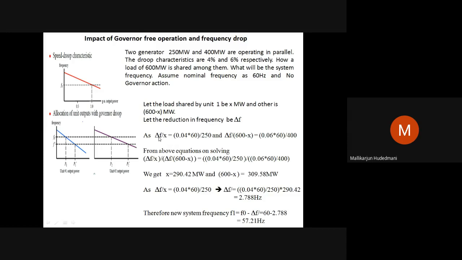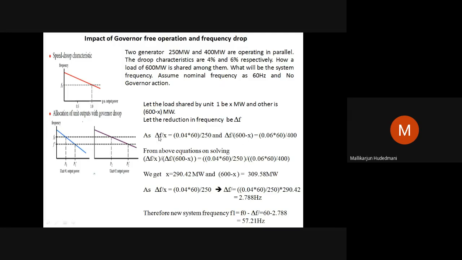How did I do it? Delta F by X from the first machine, its droop into frequency divided by its highest capacity. Second machine, delta F divided by sharing 600 minus X equals droop into frequency divided by its capacity. I divide equation 1 by equation 2.